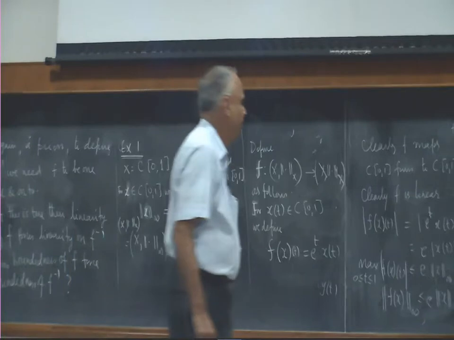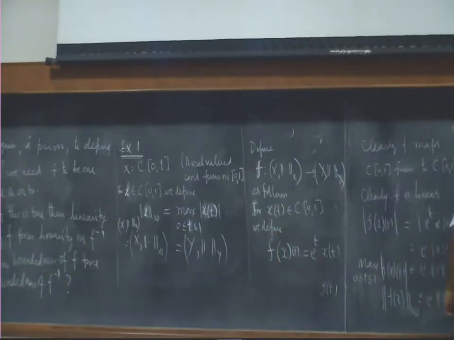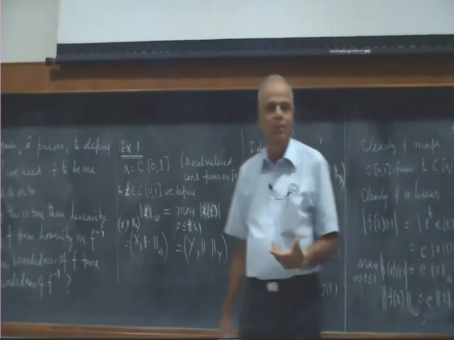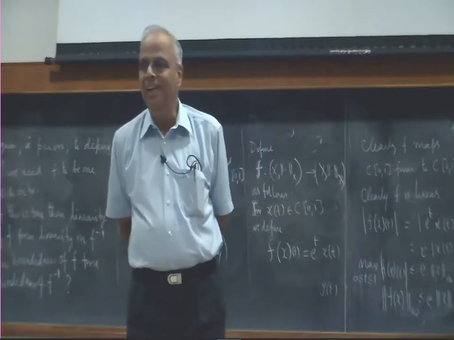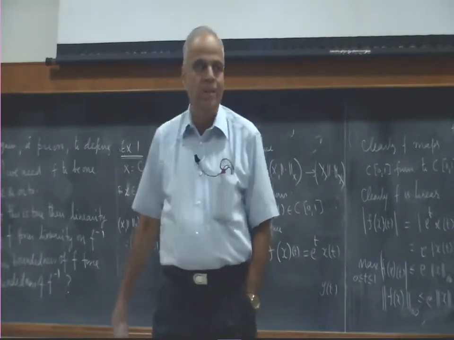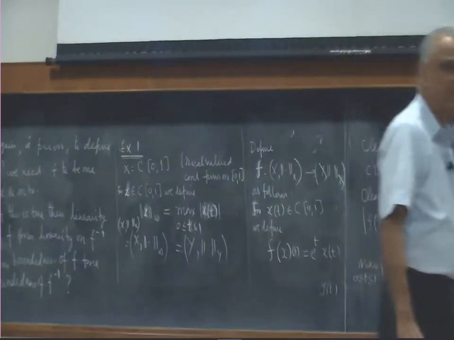So again, clearly onto. Therefore, f inverse exists as a linear transformation, because the moment it is one-one and onto, linearity is forced. What we are examining now is whether boundedness is forced on that.